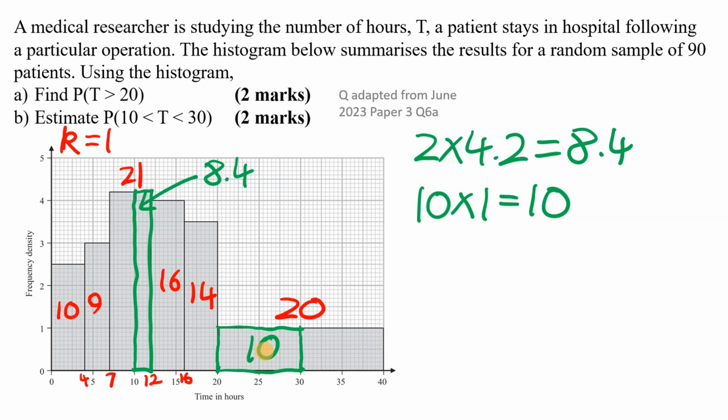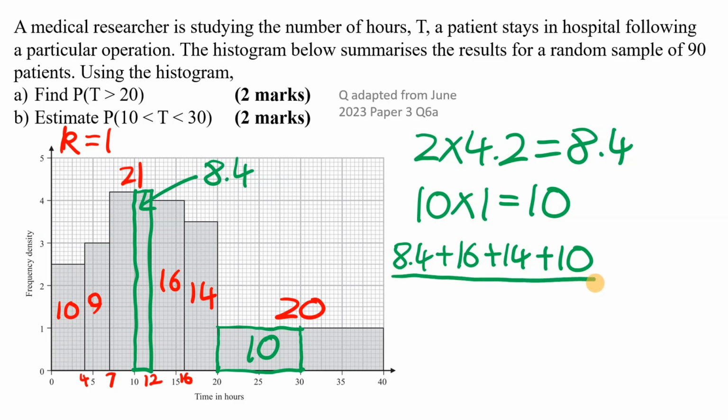So therefore the area between 10 and 30 is the area of this bar, which is 8.4, plus the area of these two bars here, which are 16 and 14, and then the area of this bar here, which is 10. Okay, now we need to find the probability, so we need to divide this by the total frequency, which is 90.